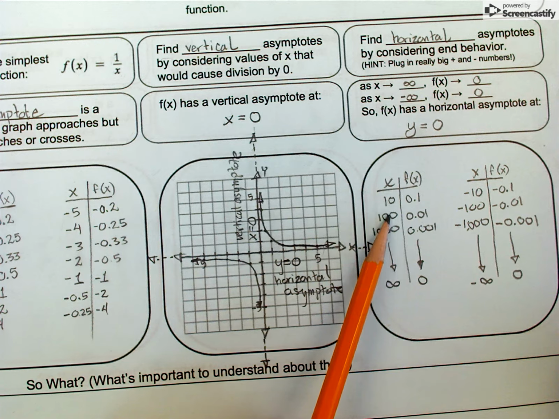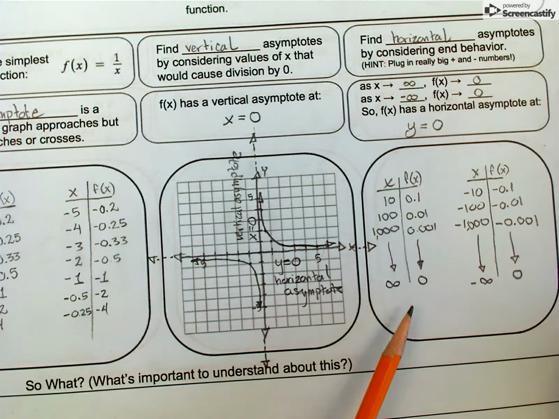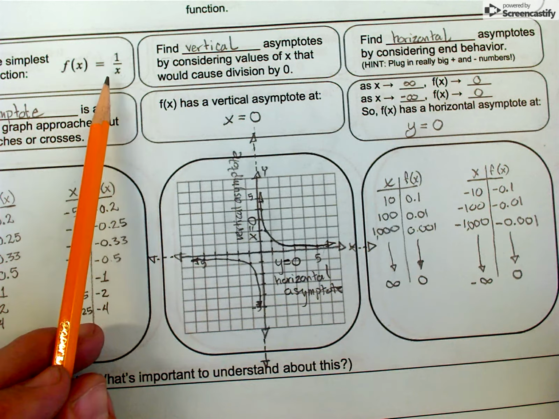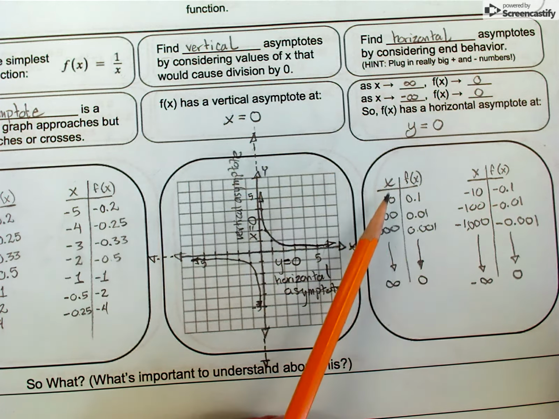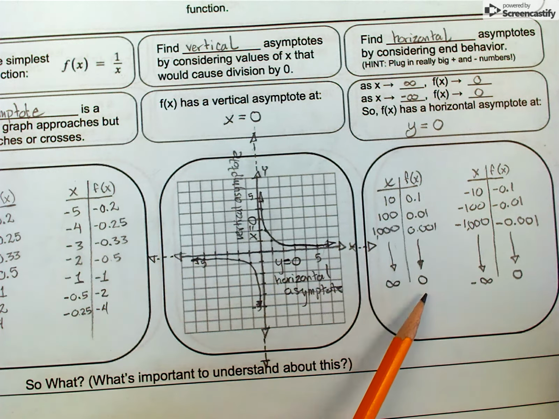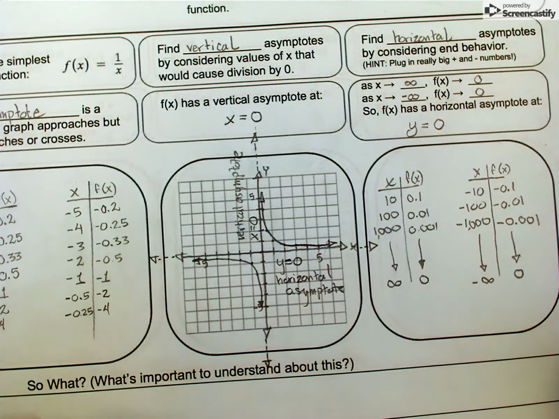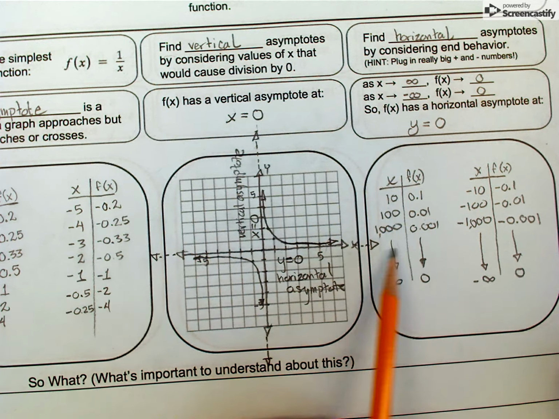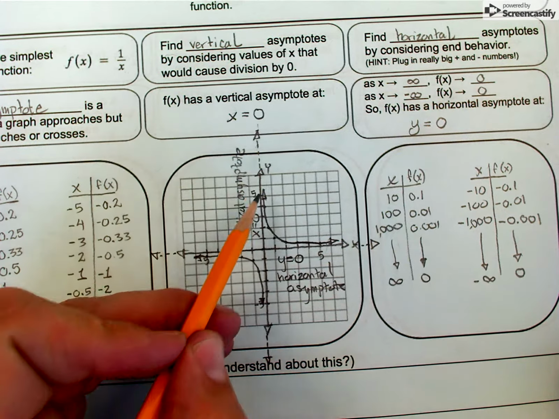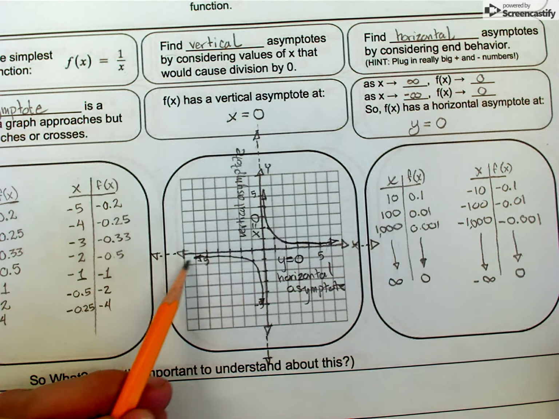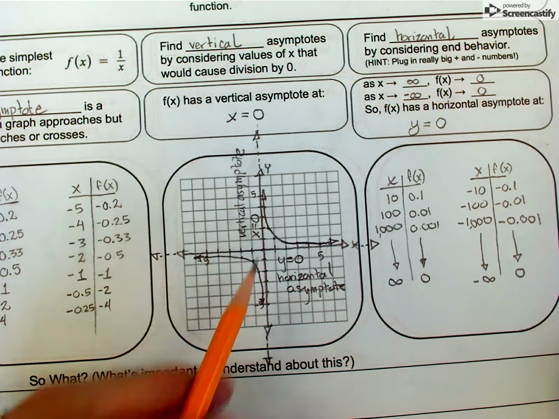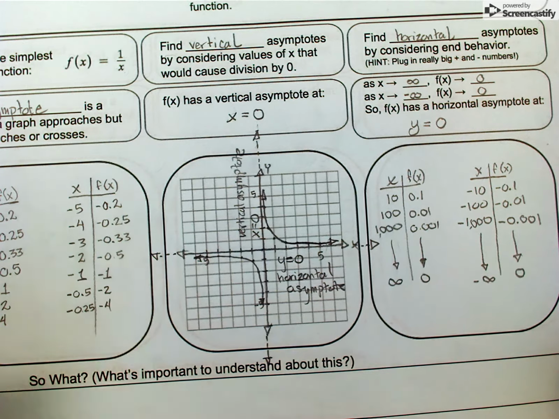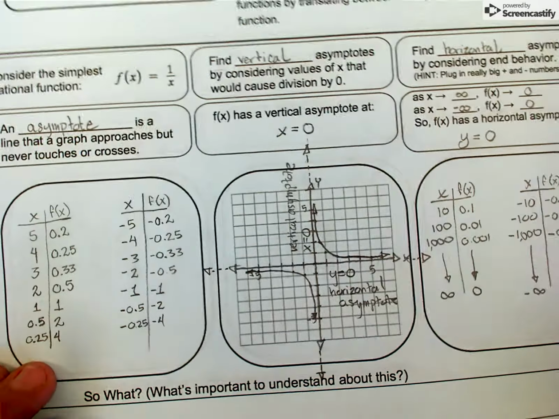Sometimes our functions are simple enough that we can just imagine what's going to happen to the function itself as x goes to infinity. If you need to plug some numbers into a calculator, that's fine too. And so from this information, we get our horizontal asymptote, and then we can just draw these curves that fit between the asymptotes in order to complete our graph.